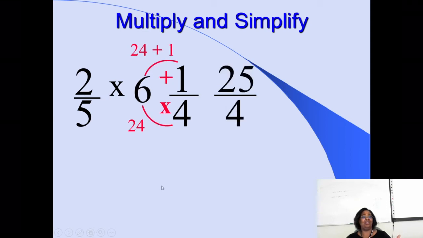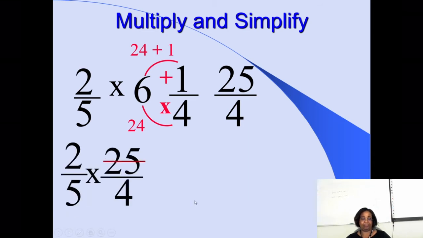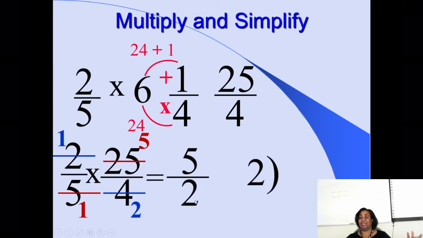Then I can cancel a lot here. I can cancel 5 and 25, and I can cancel 2 and 4. 5 goes into 25 5 times. 5 goes into 5 once. Then 2 goes into 4 2 times, and 2 goes into 2 once. That leaves me with 5 over 2, which is clearly 2.5. You can do that kind of in your head.